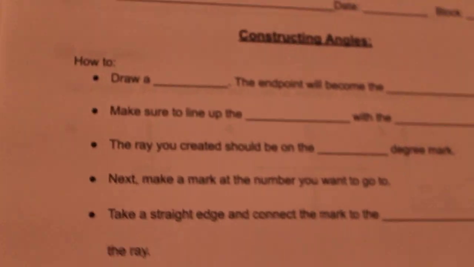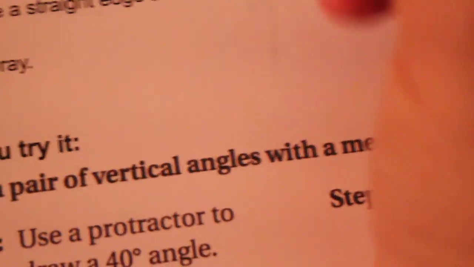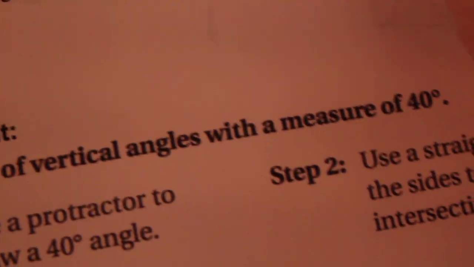Constructing angles. When we construct angles, we draw a ray. The endpoint will become the vertex. I'm going to go through this quickly because we went over it yesterday. Make sure to line up the center of the protractor with the vertex.